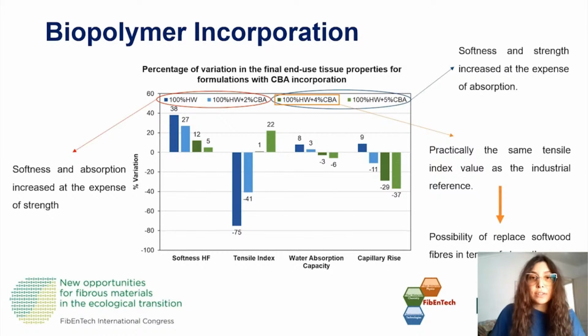Note also that the 4% of incorporation has practically the same tensile index values as the industrial reference. This means that this incorporation can allow the replacement of softwood fibers in terms of strength properties.